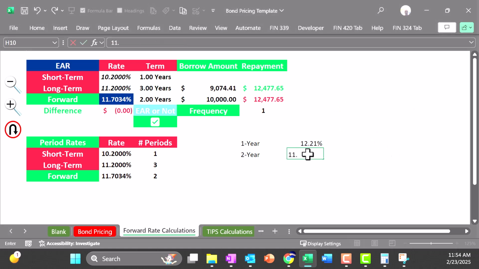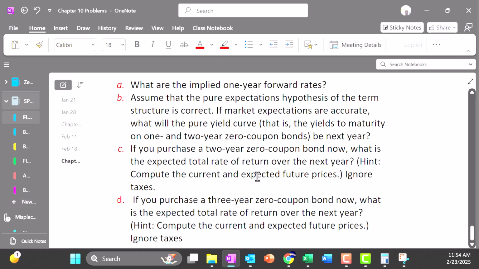So the 2 year rate, 1 year from now is expected to be 11.70. Let's go to part C.